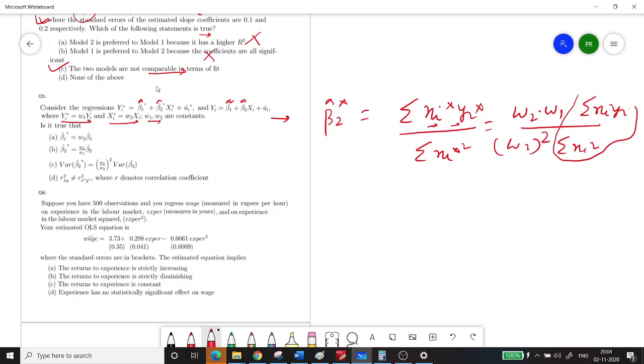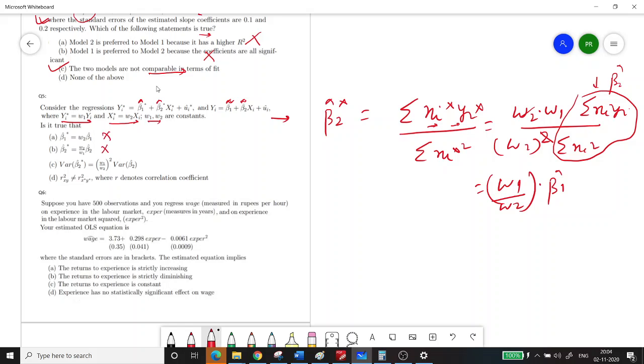Now this term is nothing but beta 2 hat. So यहाँ से क्या होगा? One of the terms of W2 will get cancelled. So beta 2 hat star is W1 divided by W2 times beta 2 hat. So you can see, beta 1 hat star is written as W2 times beta 1 hat, which is not true here. So this option is not right.